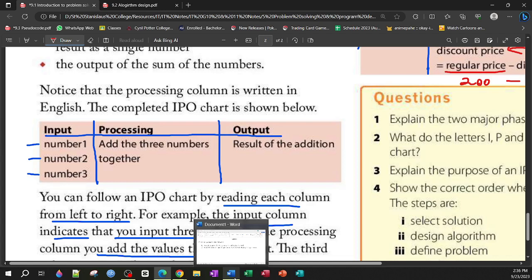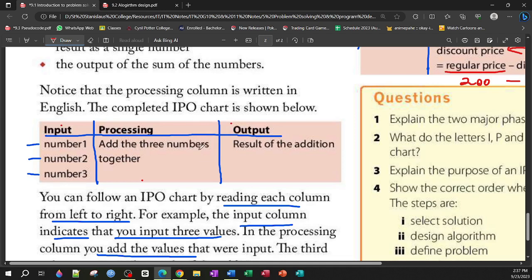Okay, it seems you have an idea. So it basically documents the input, processing, and output stages of the algorithm. That's why it's called IPO. In this example, it is to calculate three numbers. The input of that algorithm is putting in three numbers, number one, number two, number three. The processing is the addition of those three numbers, so how we turn the input into the output.